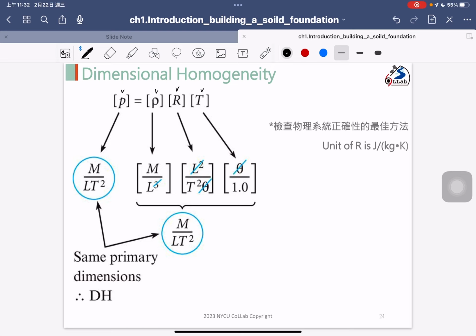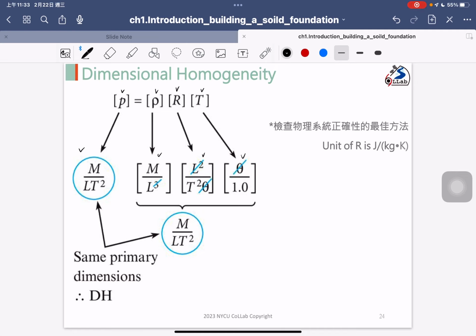So we can put the dimensions on each side and try to balance the right-hand side against the left-hand side. If they are consistent, that means your balance is correct, or your unit conversion is correct. Sometimes I will use the dimensional homogeneity to check whether my answers are correct or not.